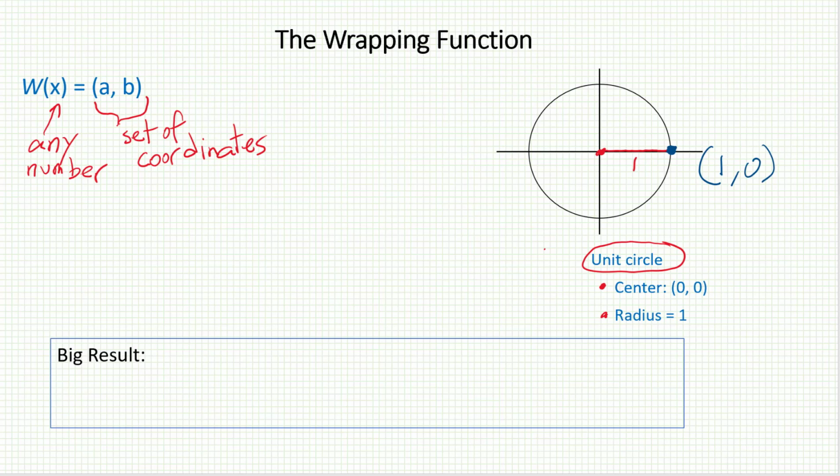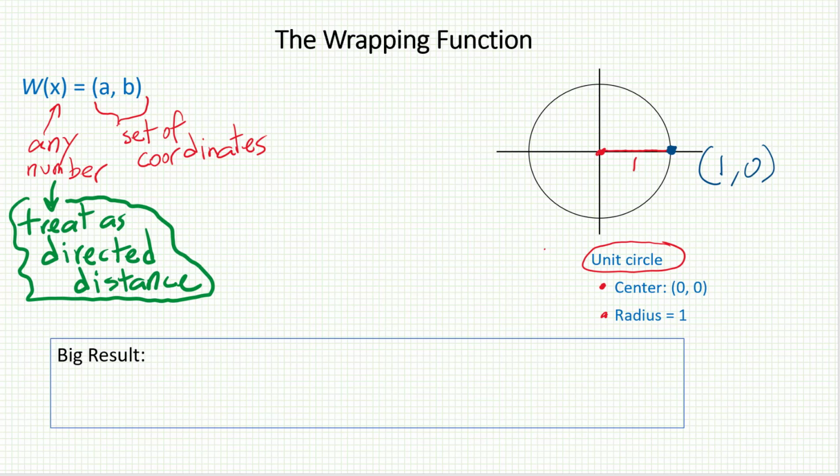So the wrapping function starts at 1, 0, and then it treats x, the input, as a directed distance. If the x is a positive number, the wrapping function starts walking counterclockwise. If the x is a negative number, the wrapping function starts walking clockwise.